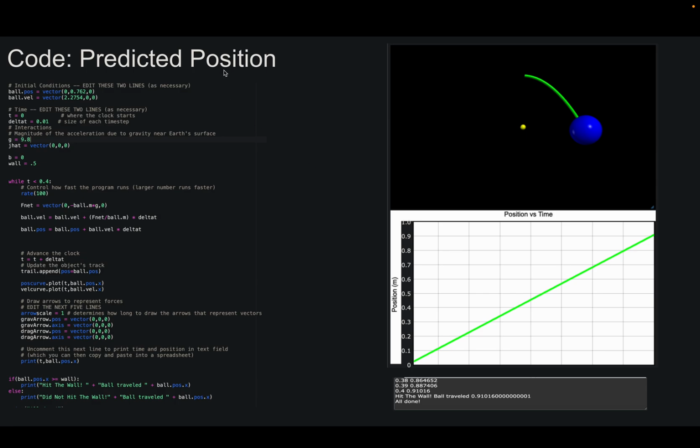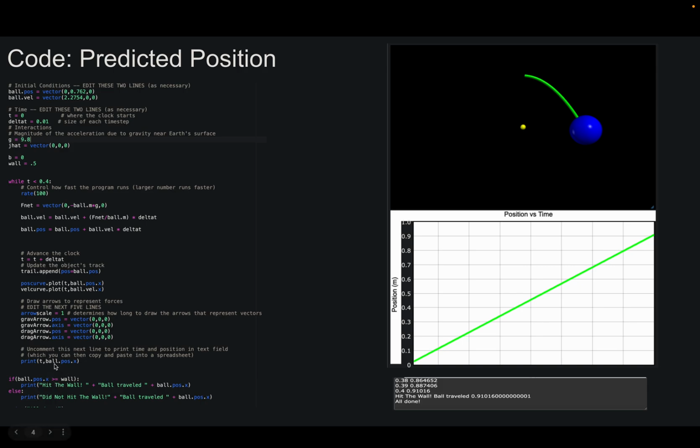And for the predicted position, the initial ball position is 0.762 because that was the height I threw the ball from, and the initial velocity is 2.2754. Then the while loop goes around, and the net force is a negative y net force, which is the mass times gravity, and the velocity update formula updates the velocity, this updates the position, and then I made sure that it prints the x instead of the y positions.